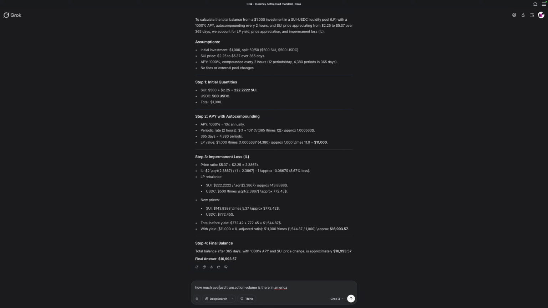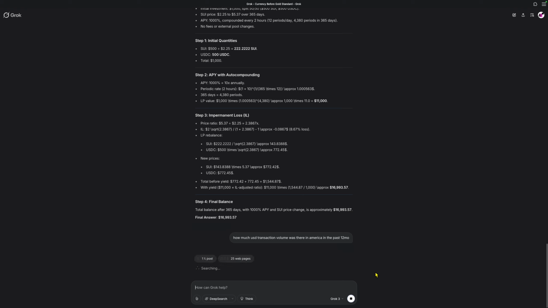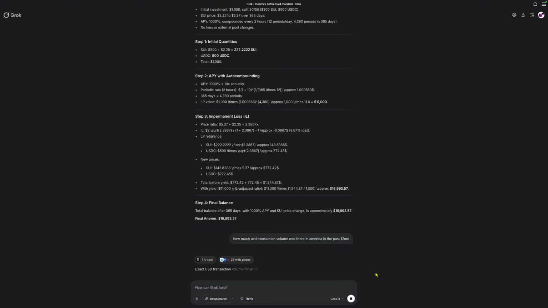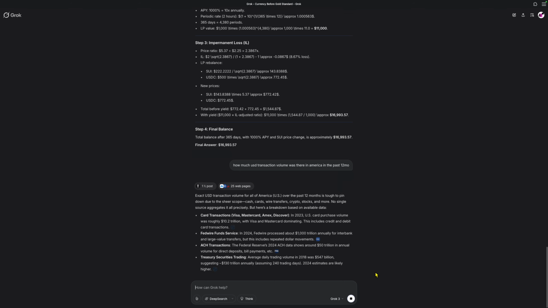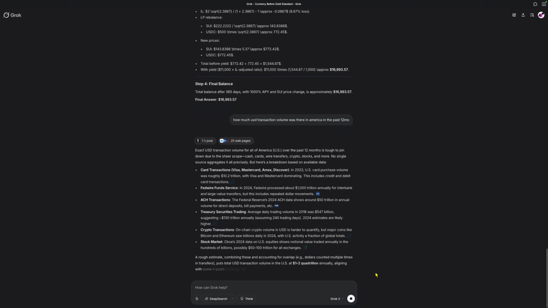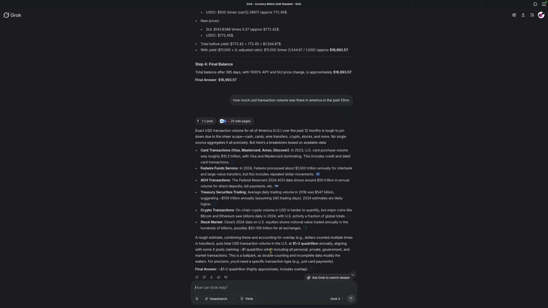How much average USD transaction volume is there in America in the past 12 months? Should be somewhere in a crazy number. Should be way higher than the trillions. $1.1 to 2 quadrillion. Sounds about right.